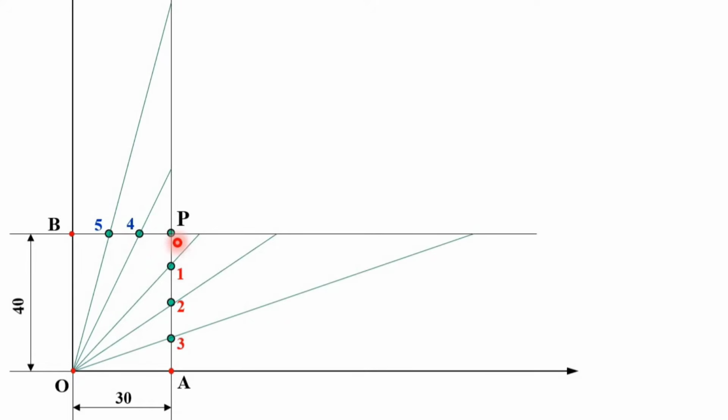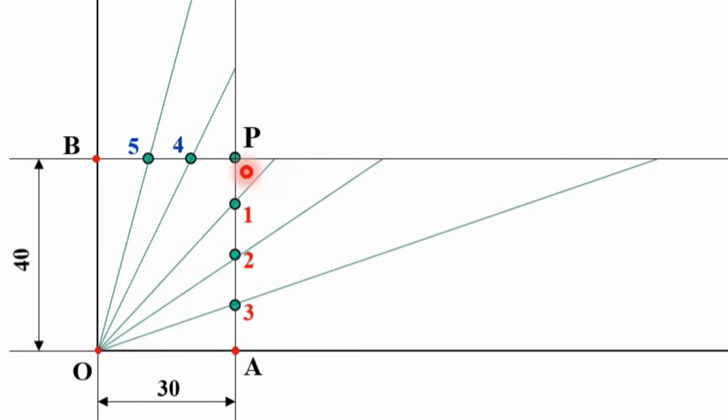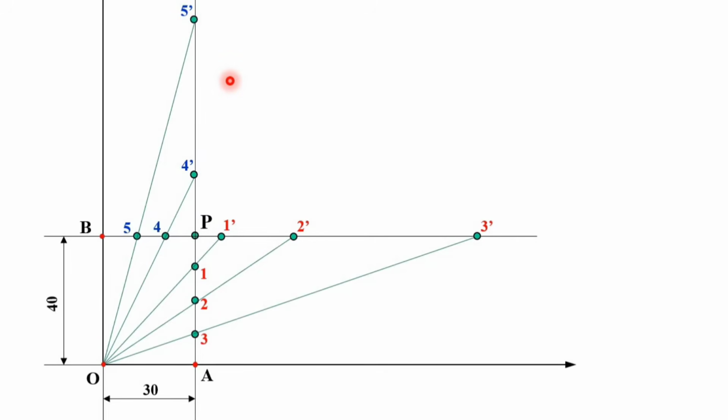Keep in mind that these points 1, 2, 3 are below this point P, and these 4, 5 are to the left of this point P. Now mark the corresponding points of 1, 2, 3 on this horizontal line, to the right side of the point P. So here it is 1 dash, 2 dash and 3 dash. Similarly the corresponding points over here, 4 dash and 5 dash.